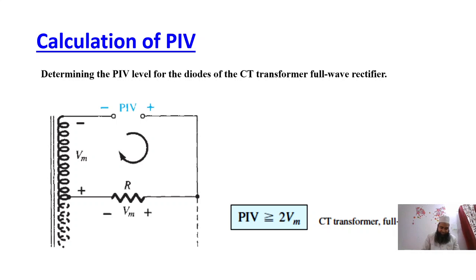We can take KVL in this circuit. We take from here, positive, negative to positive. We take plus PIV, and the path will be like this.